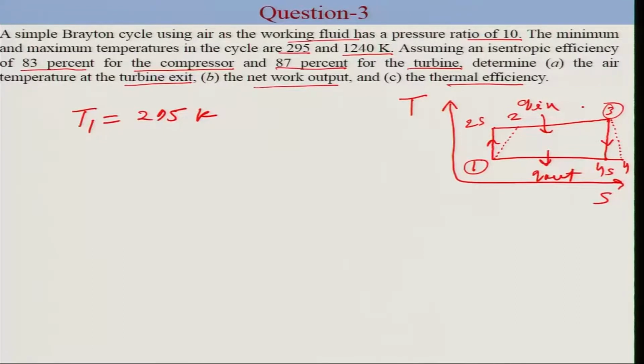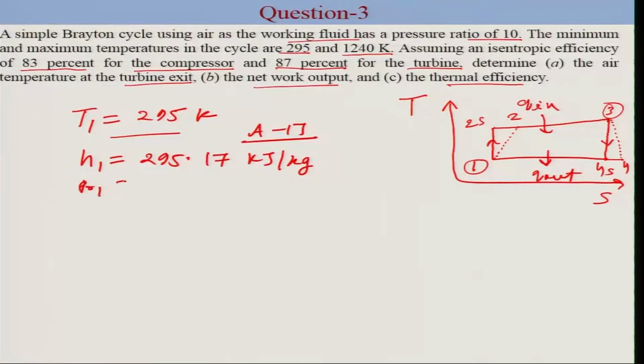Since we are asked to calculate thermal efficiency and turbine exit temperature, which is T4, we need to know temperature at all these states. So, starting from the first state, T1 equal to 295 Kelvin. So, from the table A17 corresponding to this temperature, we can get enthalpy equal to 295.17 kilojoule per kg.